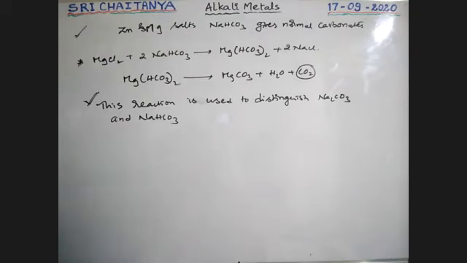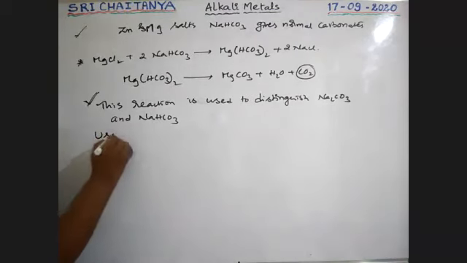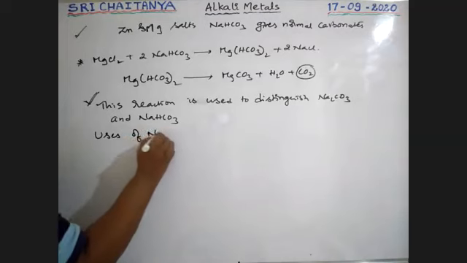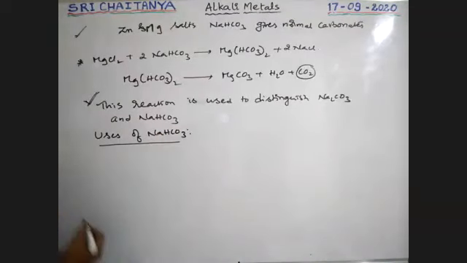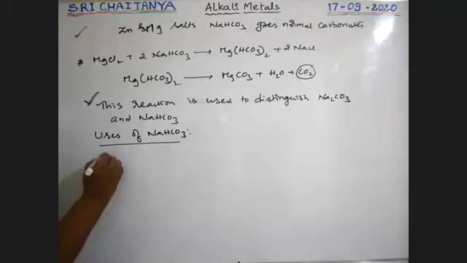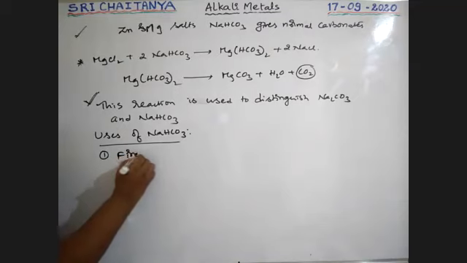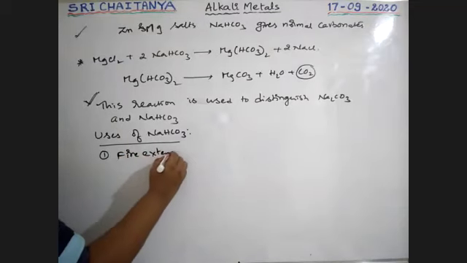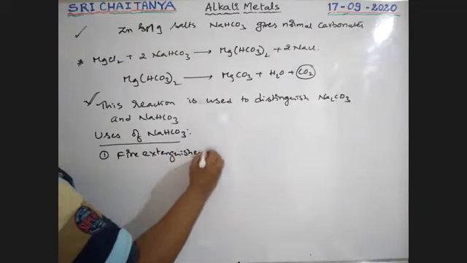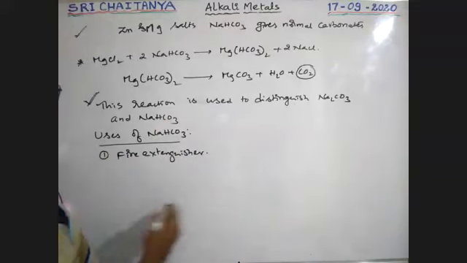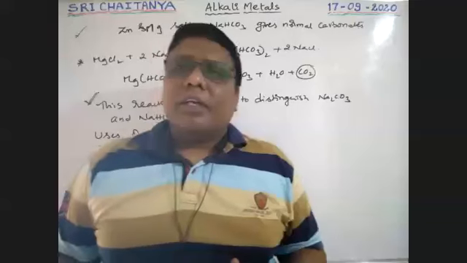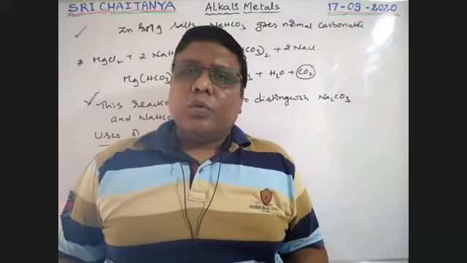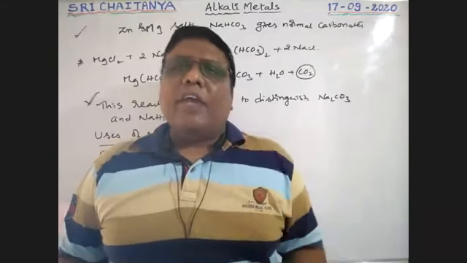Now, what are the uses of NaHCO3? Boys, once again, it is used in fire extinguishers. Next, very, very important: in our stomach, if acidity is there, to reduce that acidity we may use Eno packets.